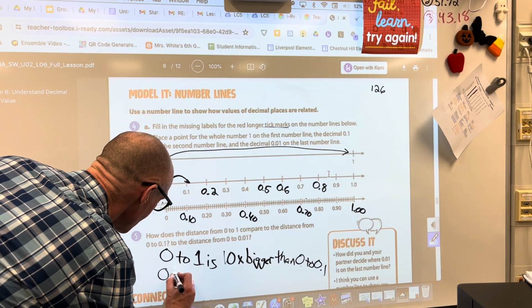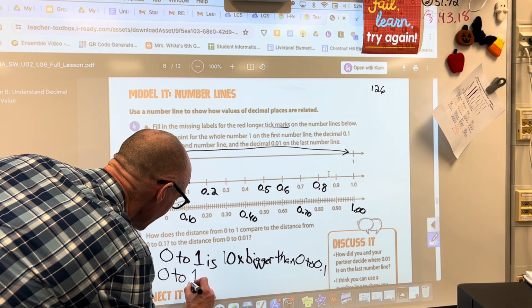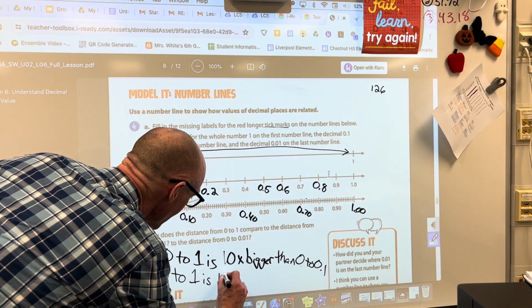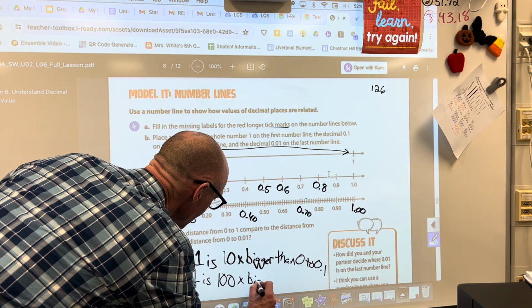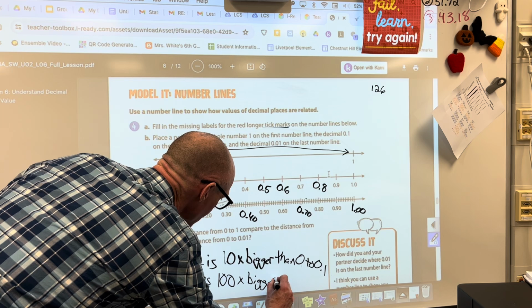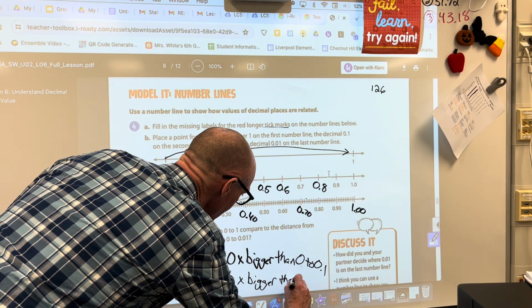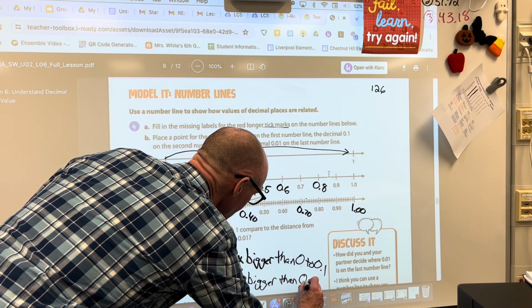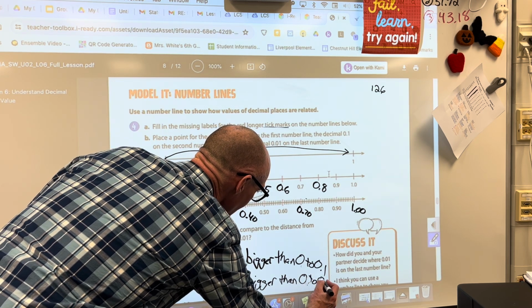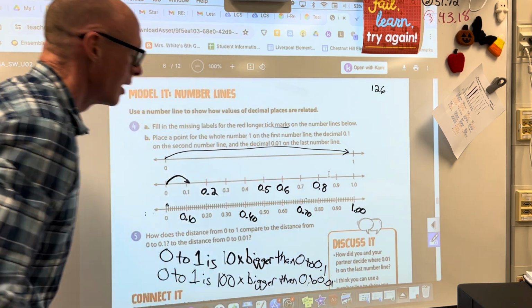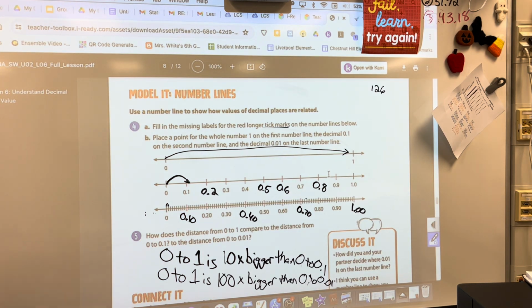So 0 to 1 is 100 times bigger than 0 to 0.01. Awesome.